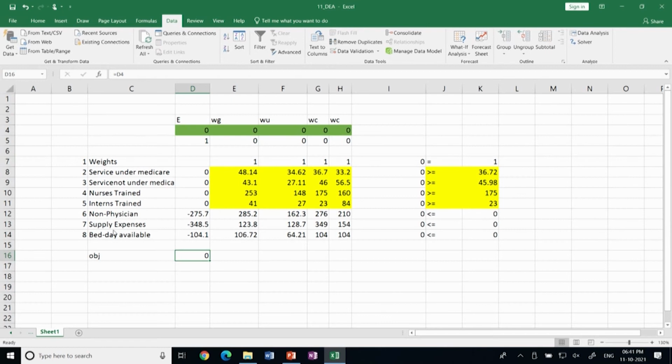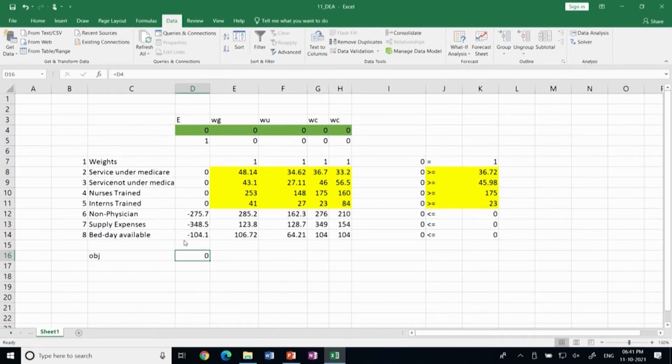Then I have written that there are 8 constraints. In I7 to I14 I have written the resources utilized. In K7 to K14 I have written the right hand side. So, the value of the objective function is D16 as usual, as per the constraint. So, this problem is a minimization problem.